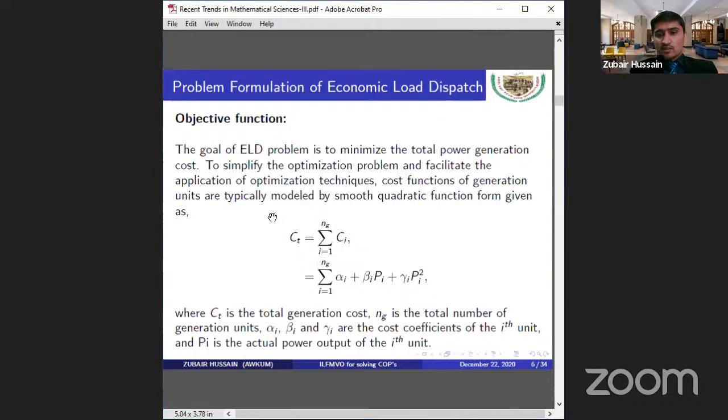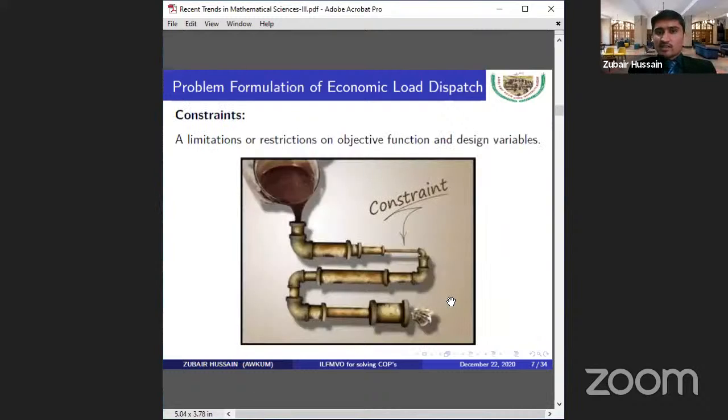In this equation, C_T is the total generation cost, N_G is the total number of generation units, alpha, beta, gamma are the cost coefficients of the ith unit, and P_i is the actual output power of the ith unit.